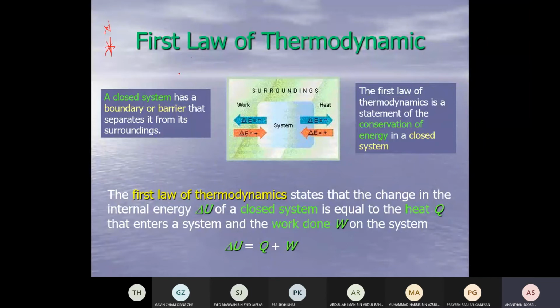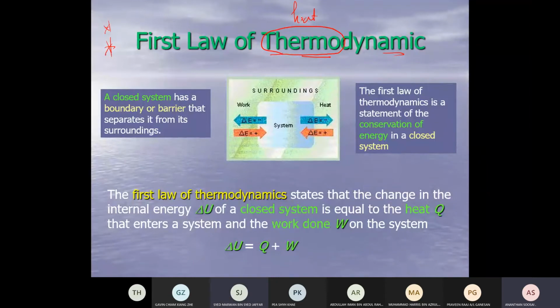For engineers who want to build an engine of a car, to make the engine more efficient, the laws they would have in mind are the thermodynamic laws. We have two thermodynamic laws, first law and second law, but in your syllabus only the first law. Thermo is like heat, temperature change.